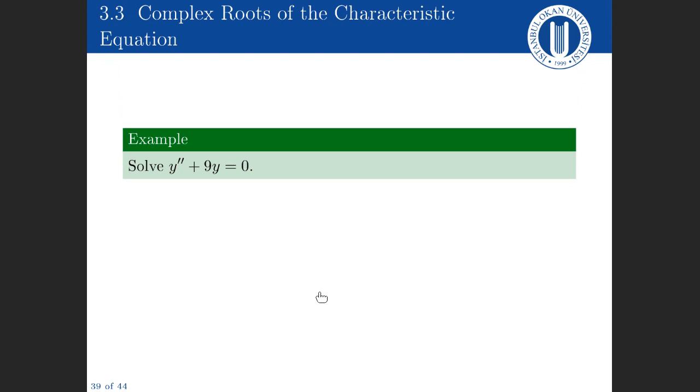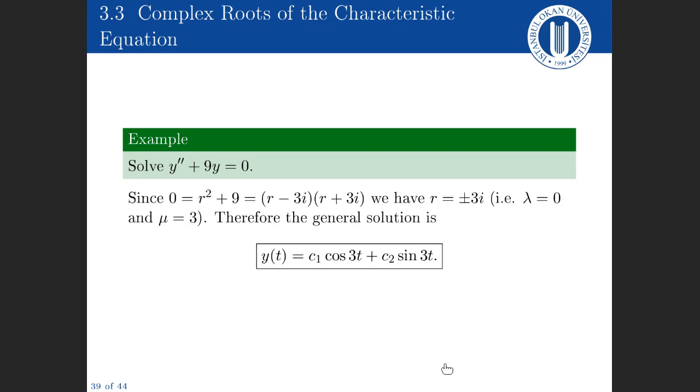Let's do another one. Solve y double prime plus 9y is equal to 0. We need the characteristic equation. r squared plus 9 is equal to 0, which we could factorize to (r minus 3i)(r plus 3i). And then we see that we must have r is plus or minus 3i.